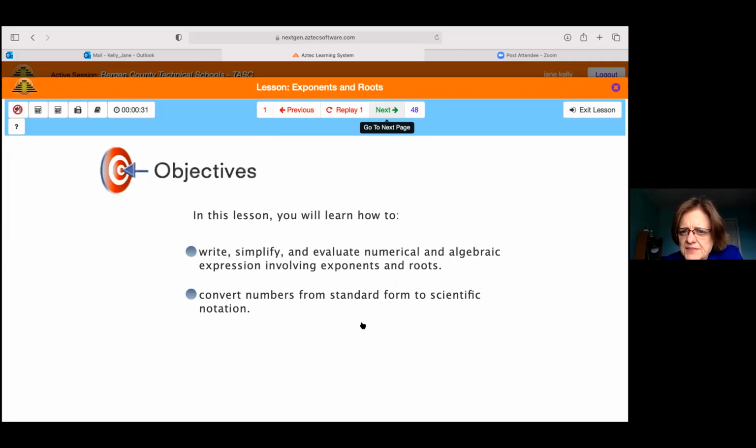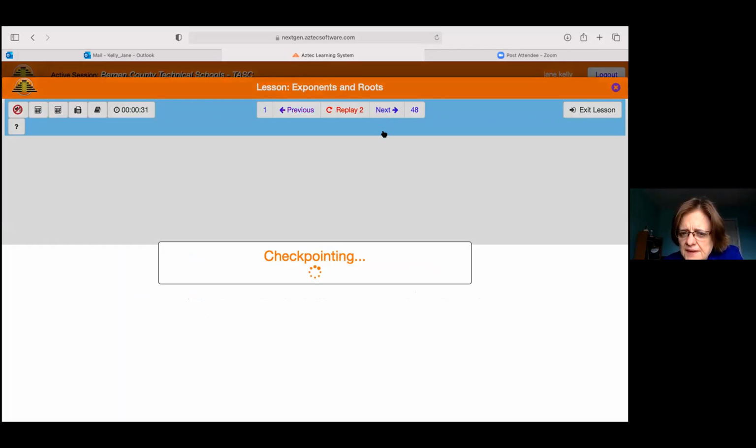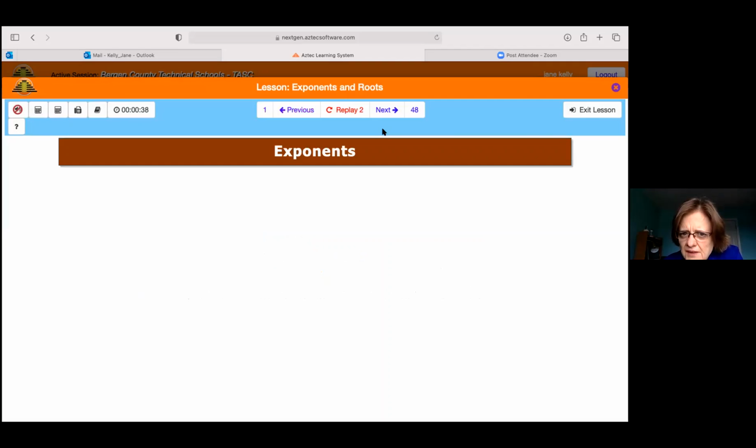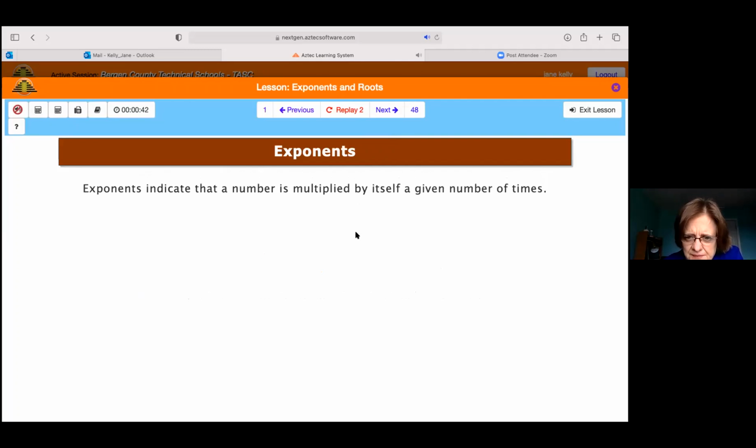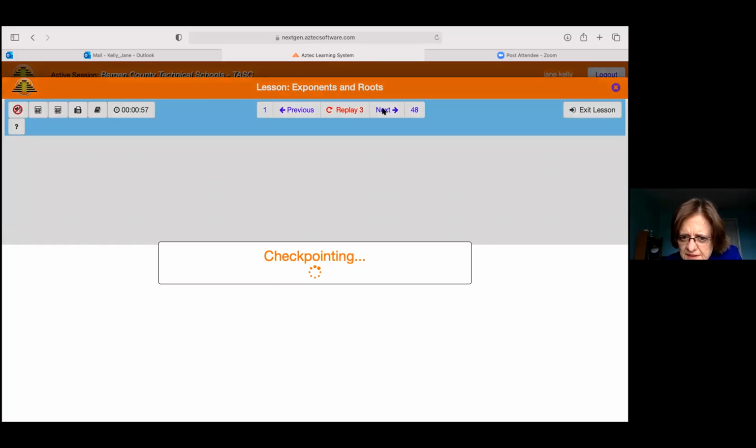It's a bit slow, I think, because it could be reading it. Other things that I have are not this slow, so I think it's just this one. It's going to explain exponents from the very beginning. And then at some point, I'm just going to keep jumping to see where it does a question and an answer.